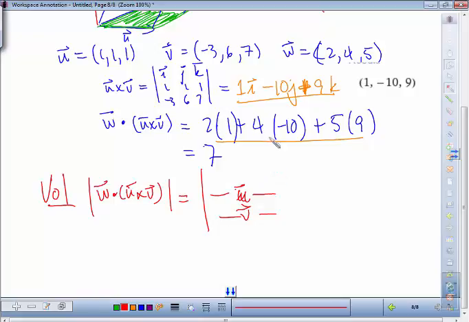Instead of putting ijk on top, the i gets replaced with a 2, the j gets replaced with a 4, and the k gets replaced with a 5. That's exactly the W vector on top. Do you see that? So you can write your matrix like this. Instead of ijk on top, just have the first vector and then the other two vectors, and then calculate and it'll work out. And the order doesn't matter either, so you can switch any order.